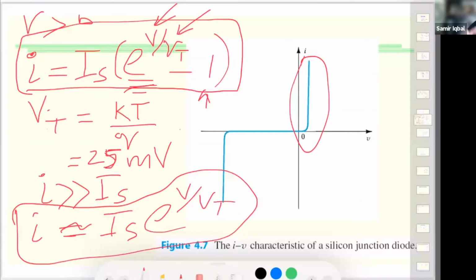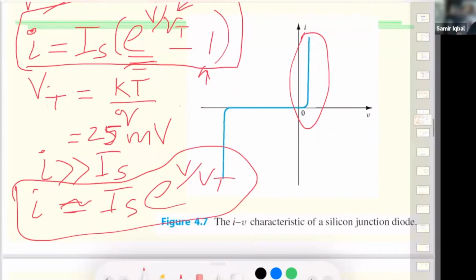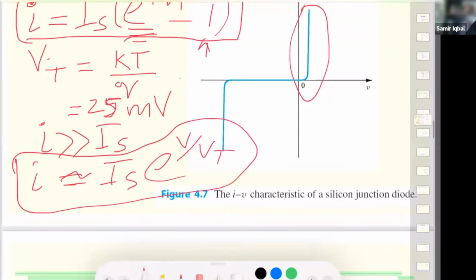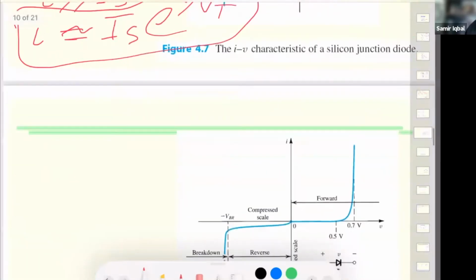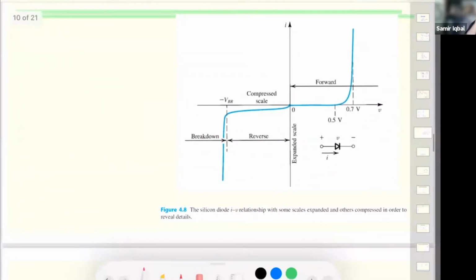Right now, it looks like it just goes up, but when you magnify it, we see there is a dependence, and there's kind of a linear relationship, sorry, exponential relationship between those two. All right, so in the forward bias, there are these voltages that we come across, 0.5 volt and 0.7 volt.